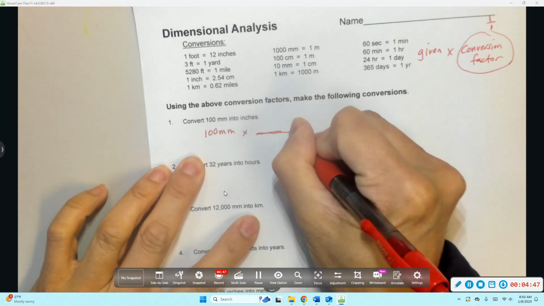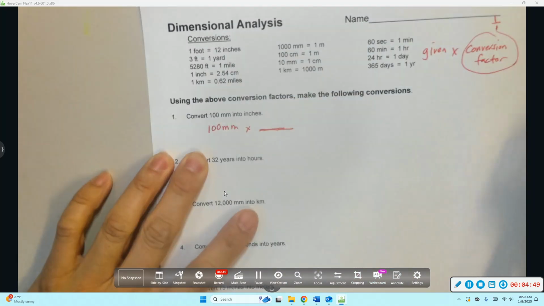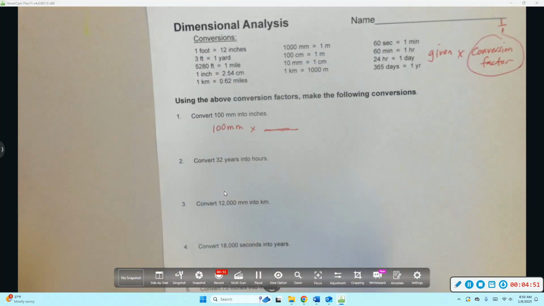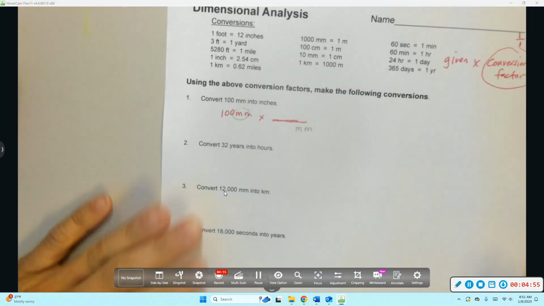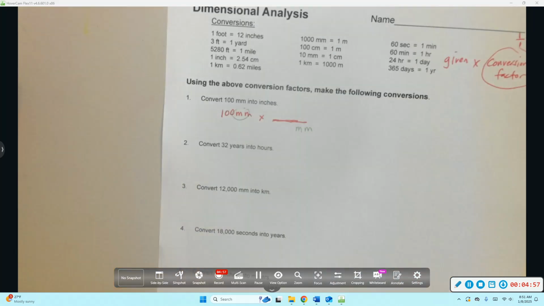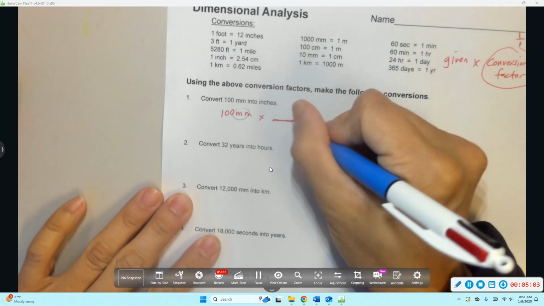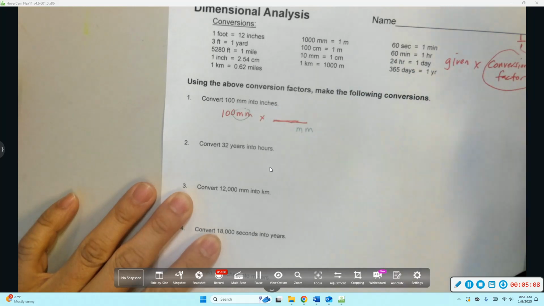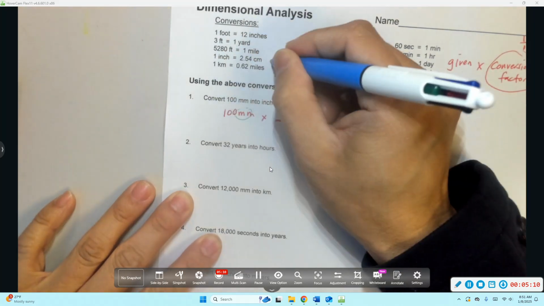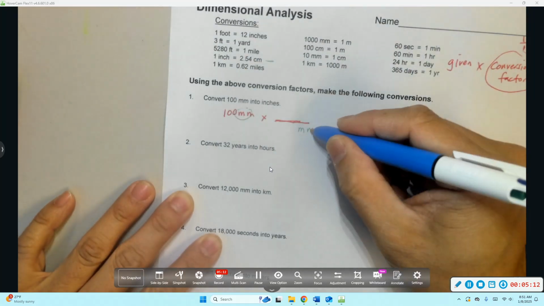So 100 millimeters. So here's the trick. You have to get rid of this millimeter, so you have to have millimeter at the bottom. Because in math, if the top is divided by the bottom, it's going to cancel out, right? So we want to cancel out. What do we know about millimeter up here? How do we get to inches? Inches here, we have inches to centimeters, so we have to get to centimeters first.